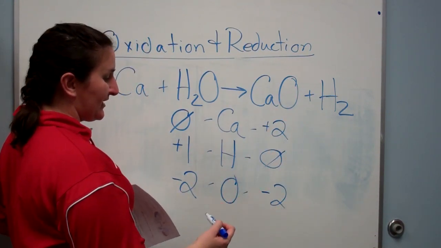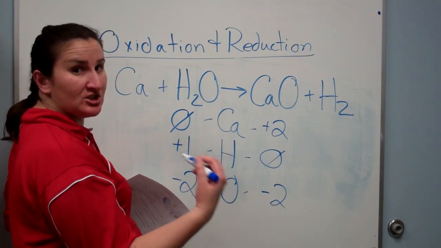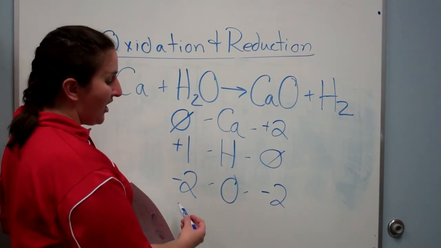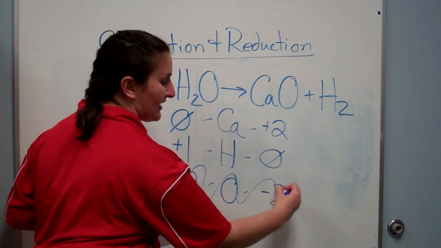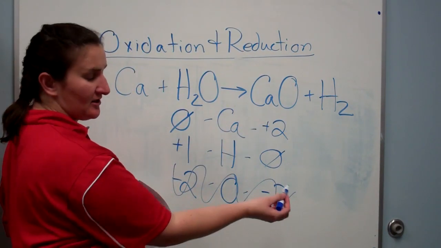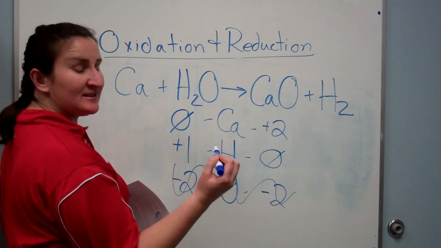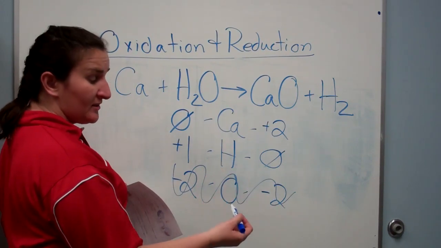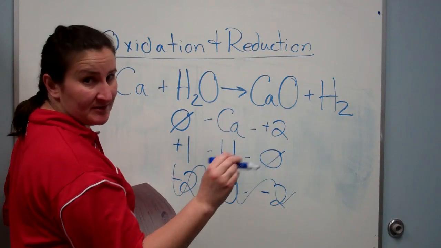When we look at this, we can ask which one did not change its oxidation state? Oxygen. It started out at -2 and it went to -2 as well. So it stayed constant throughout the reaction, which means it's neither the reducing agent nor the oxidizing agent. It wasn't reduced and it wasn't oxidized.